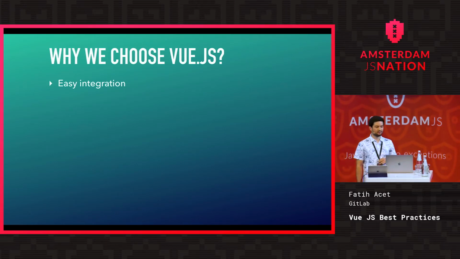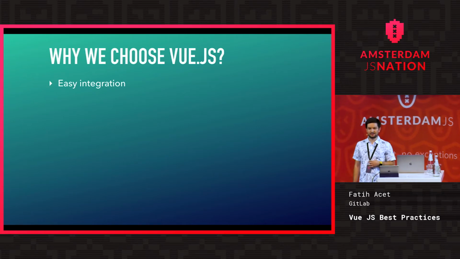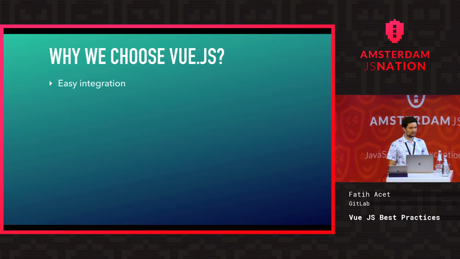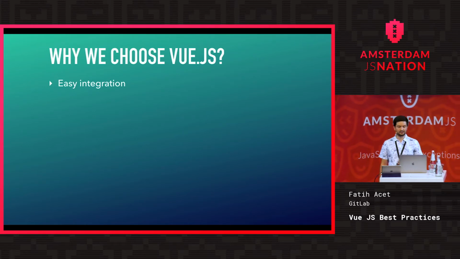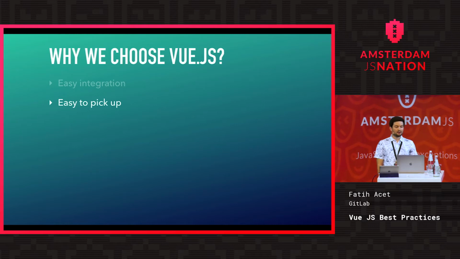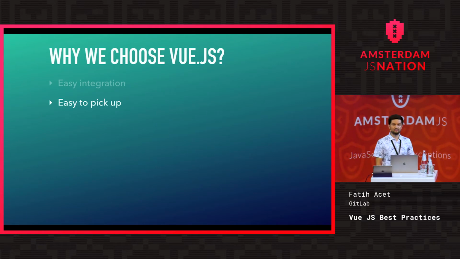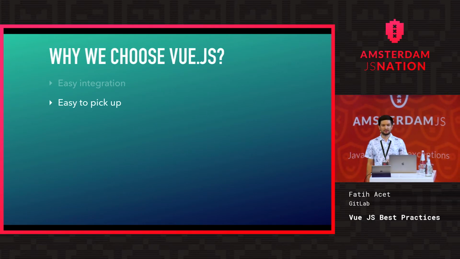So it was really easy for us to add Vue.min.js, minified Vue.js, into our index HTML, and it was ready for us to use in production. So that was a really nice way of using a really solid framework. And the second thing is, Vue is really easy to learn, and it allowed everyone in our team to start contributing quickly.